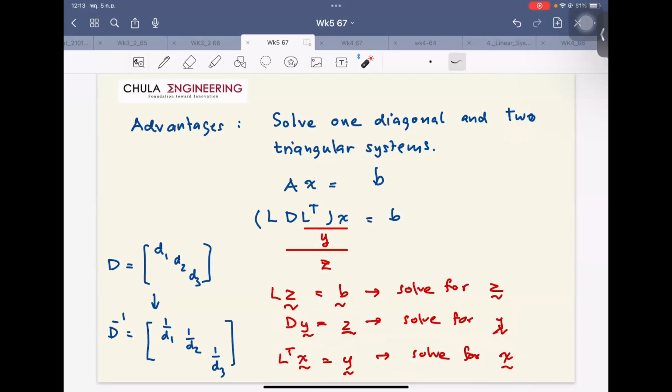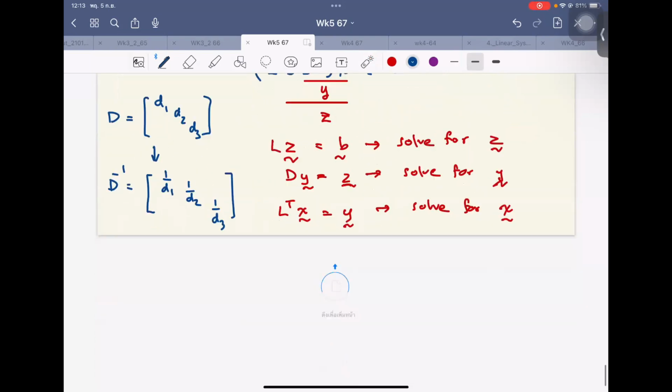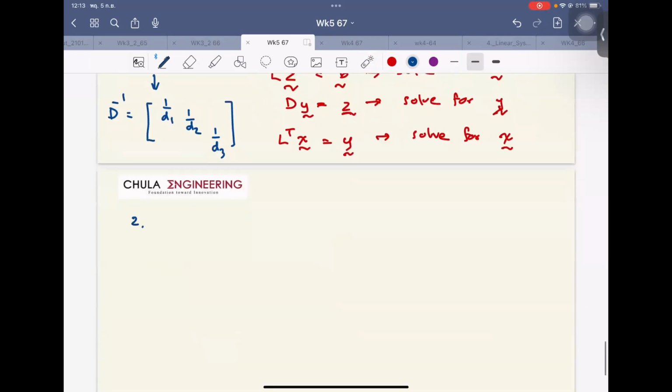So now after decomposition, you end up solving one diagonal and two triangular systems, upper and lower triangular. Okay, this is number 1. And number 2, half the computational cost, in terms of the number of operations, of LU.